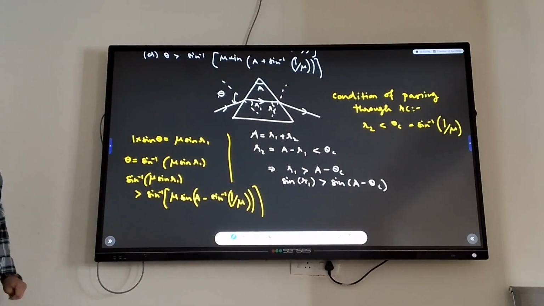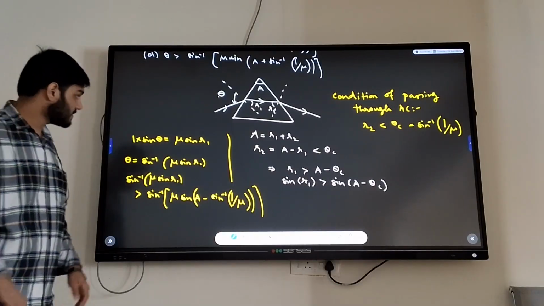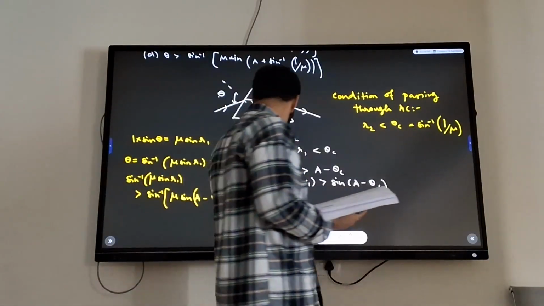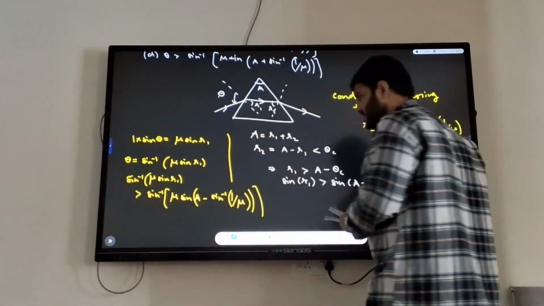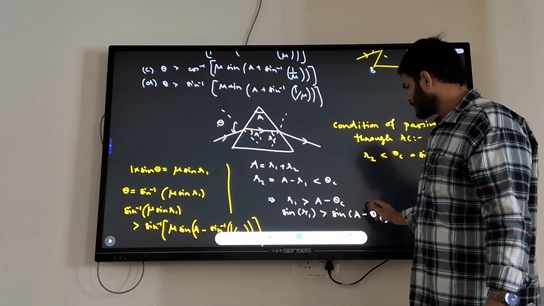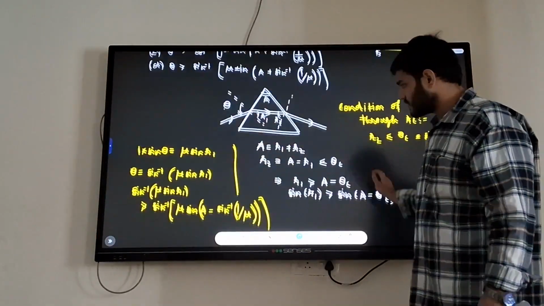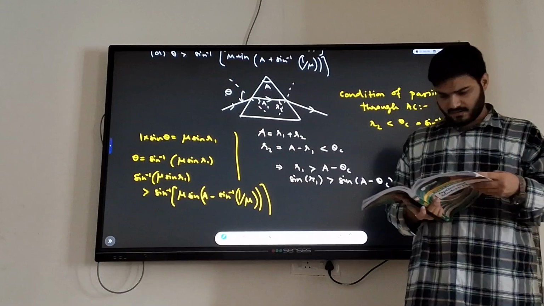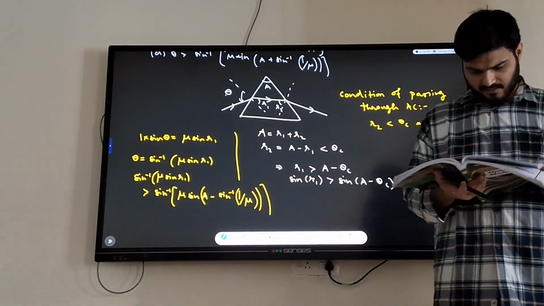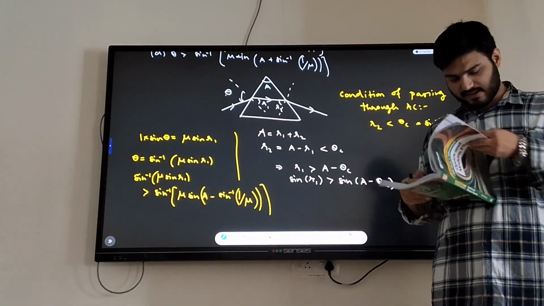Any options that match? Option D matches maybe. Let me check if the option is correct or not. I have A minus. But this is not so good. Let me check the options again. No, A minus is the correct answer.